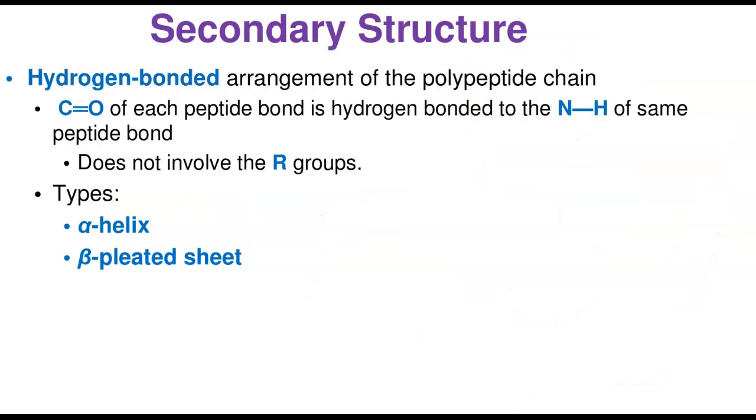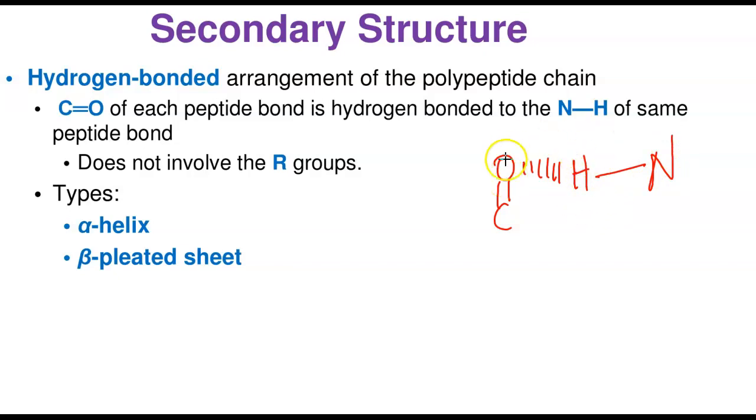We go to the secondary structure. The secondary structure is stabilized by hydrogen bonding between the carbonyl carbon of one peptide and the amino group of another amino acid.